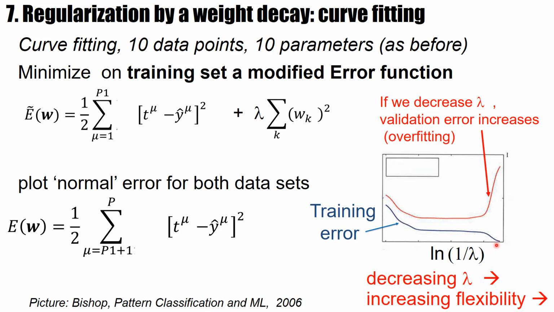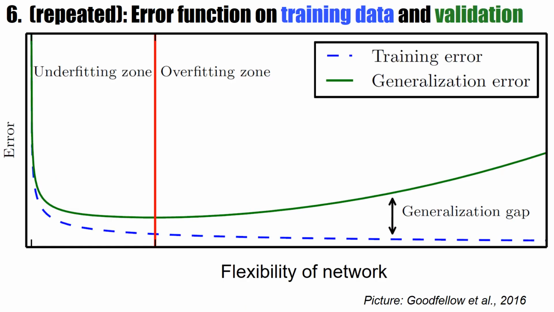If I increase lambda a little bit, I will find a minimum somewhere over here, and this would then be the best choice of lambda. So again here, the error as a function of flexibility, and the idea is now that we do not change flexibility in terms of changing the number of hidden neurons, but we just control flexibility via our penalty parameter lambda. So this would be decreasing lambda.